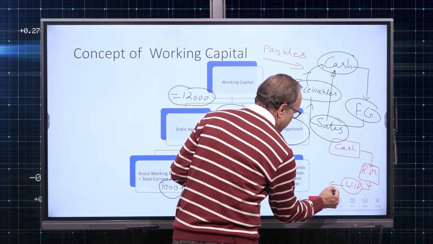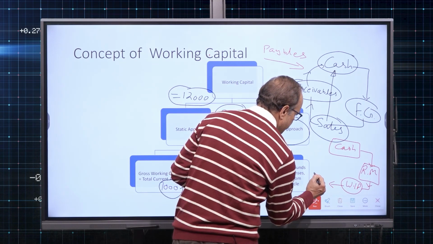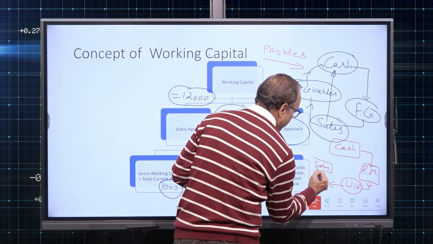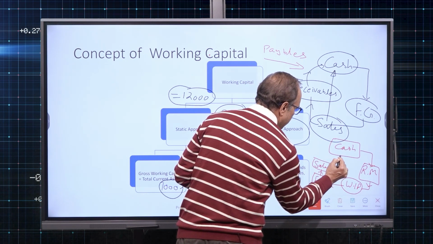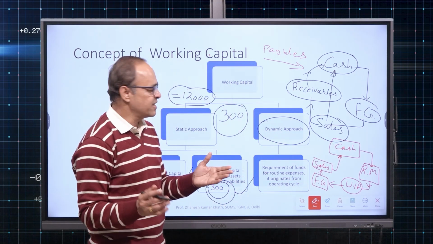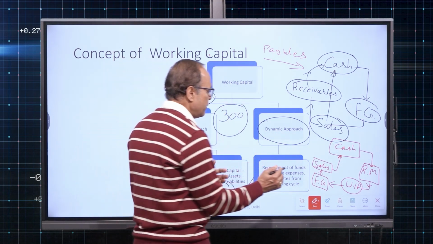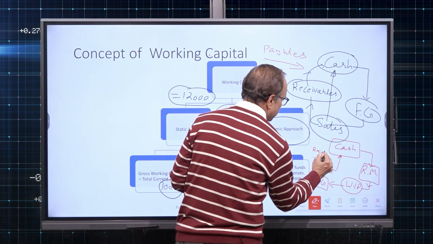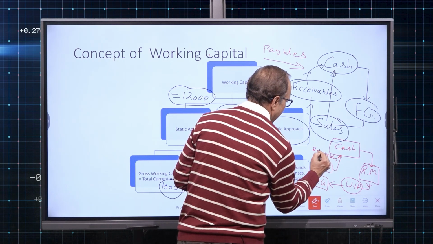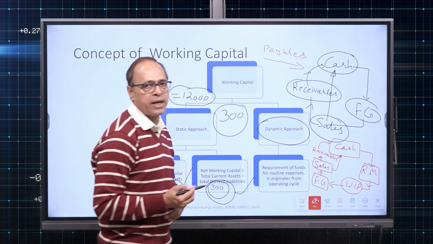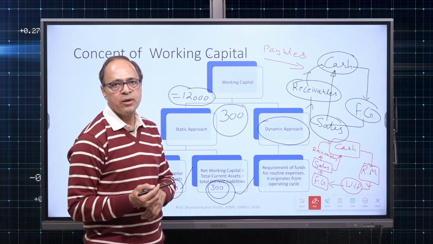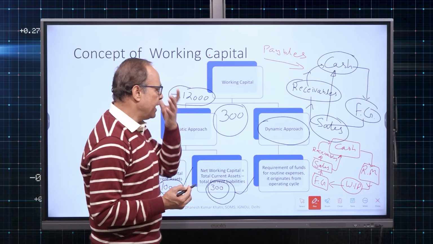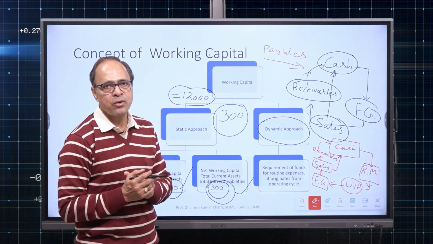So, it will become semi-finished goods, then it will become finished goods, then sales takes place, and if sales is done in cash, there is no credit sales, then immediately cash will come. However, if credit sales is there, we will have receivables, and these receivables will get converted into cash. So, that is the operating cycle of a manufacturing company or an industry. This is the way we see the dynamic approach is more dependent upon the operating cycle.